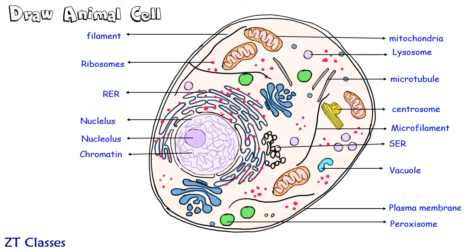These thread-like structures are chromatin, made up of DNA and histone proteins. At the time of cell division, these chromatin will fold together to form chromosomes. This is your Golgi apparatus or Golgi body, also called the post office of the cell, and these are the vesicles which carry the protein.